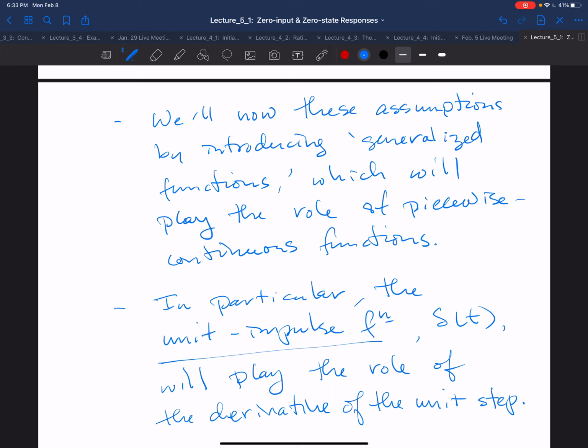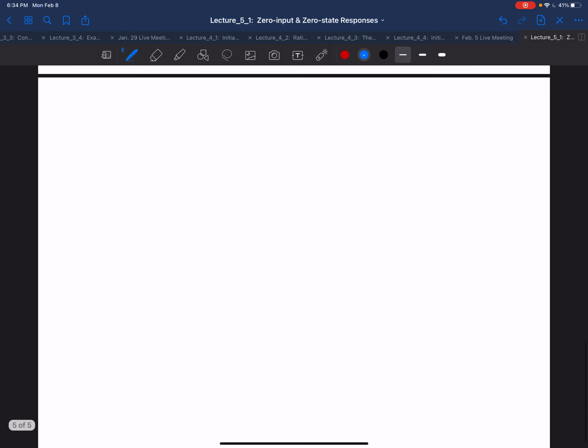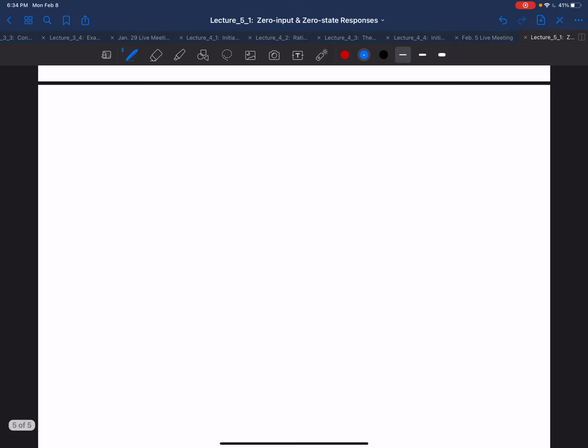So we'll now be able to relax those assumptions that assumed that f and y and all but the highest order derivatives were continuous. Moreover, this comes back to the notion of the zero state response.